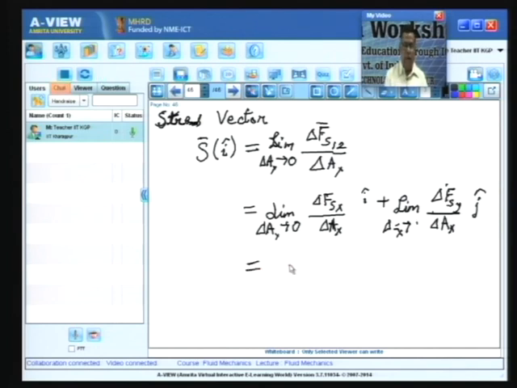So, the first one we will call sigma x x, and the second term we will call tau x y.